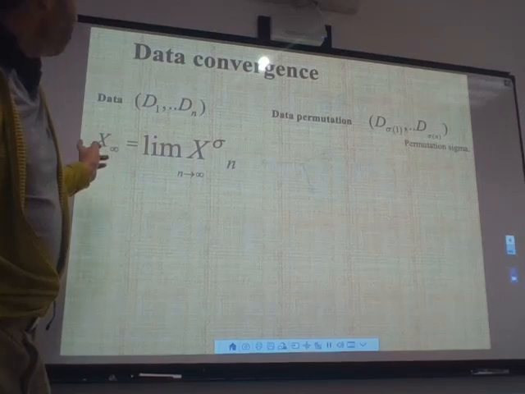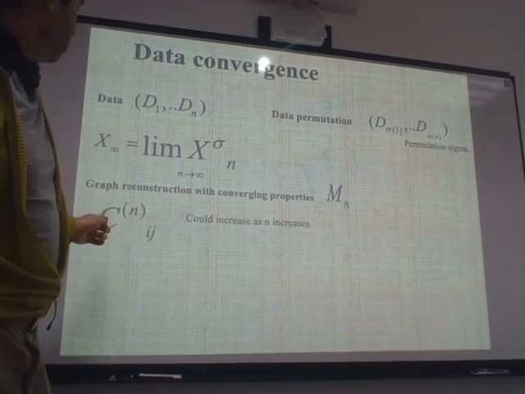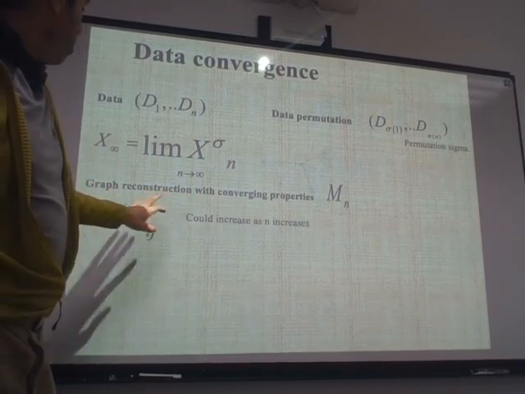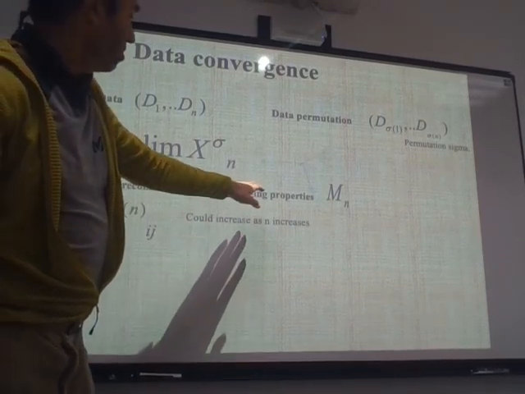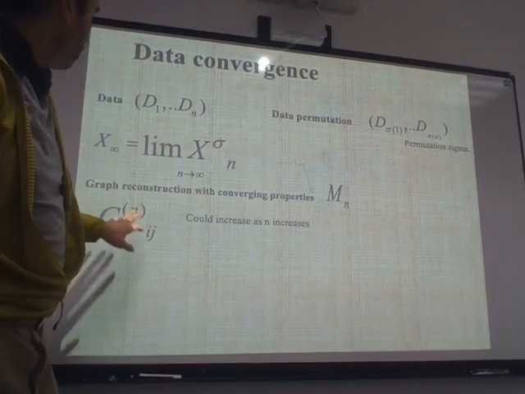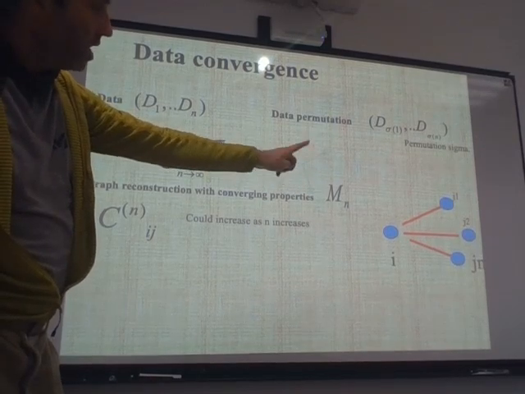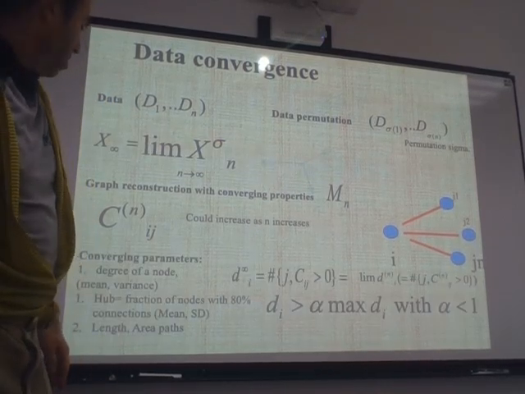So again, I have this limit. You could increase, so you have your reconstruction matrix with whatever property. For example, in this case, you have the degree of a node, that I illustrated here, i.